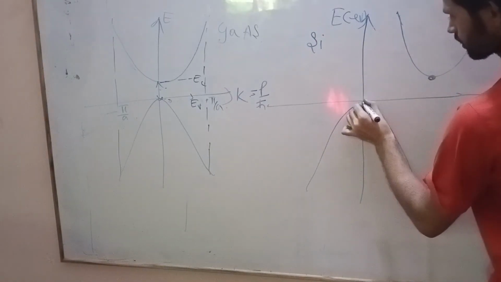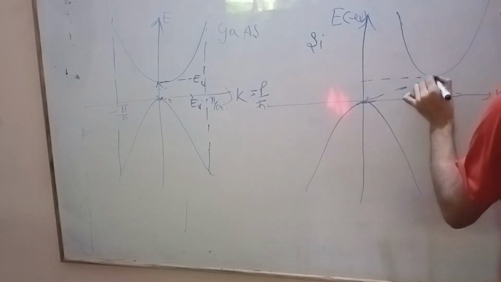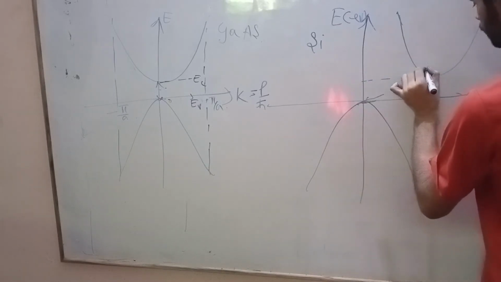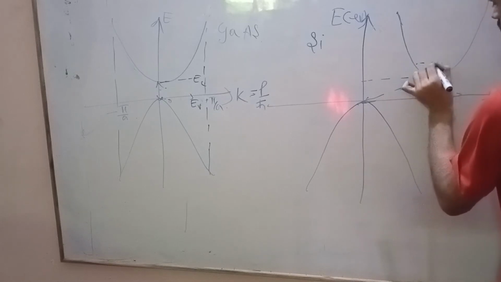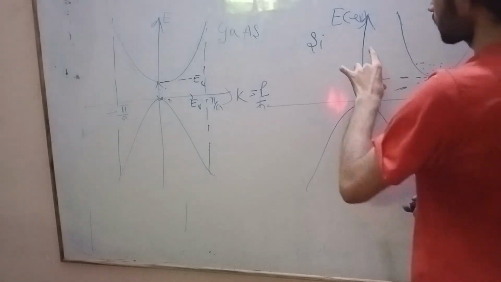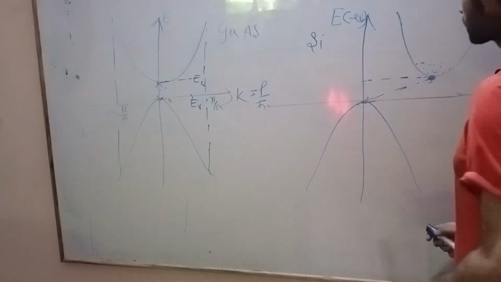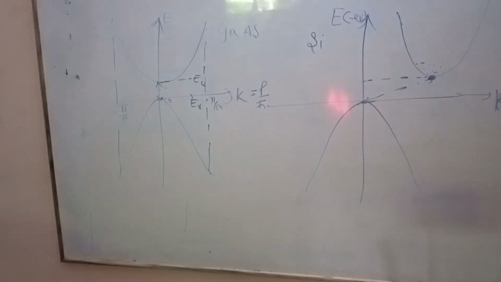Here you see they are not in direct nature. The electron has to move this much distance in such a way that it comes under direct contact. So we can say that the momentum is not conserved here.